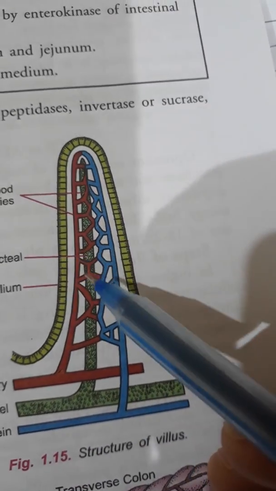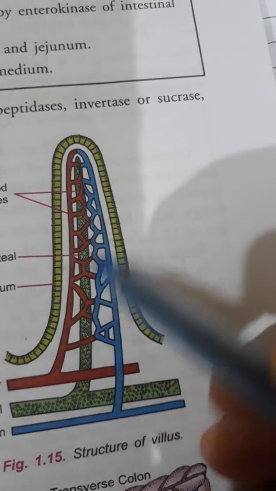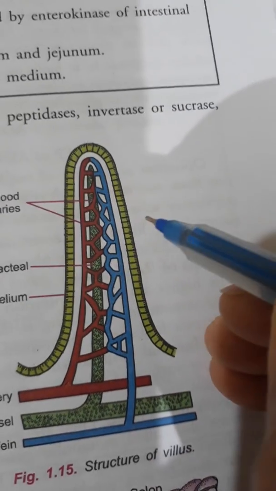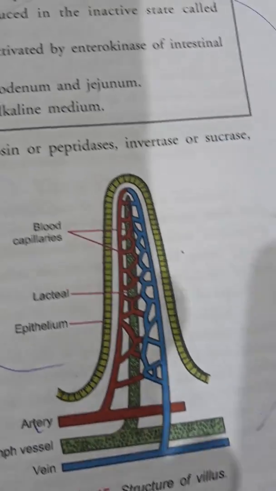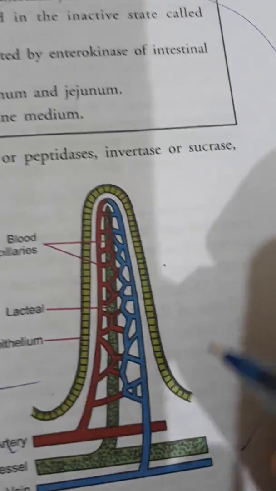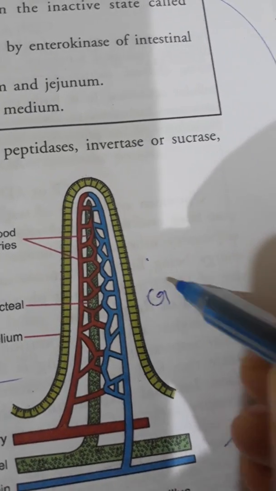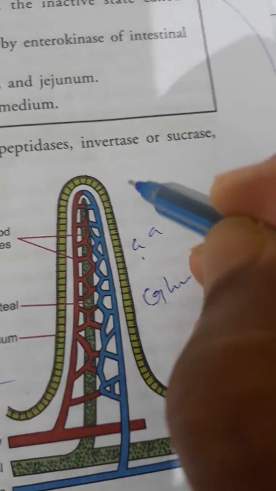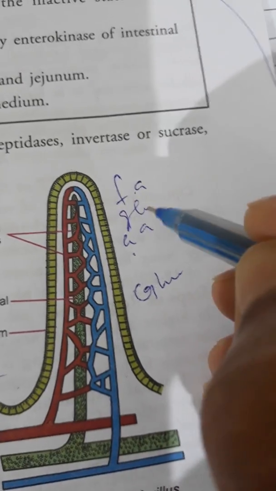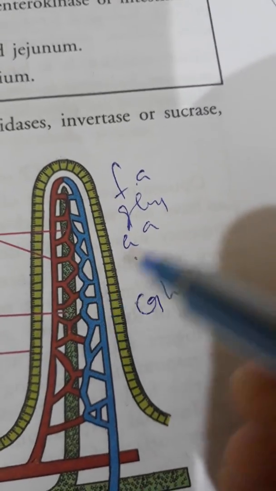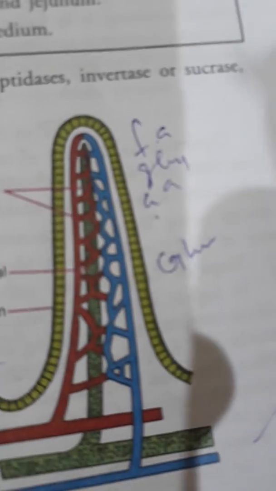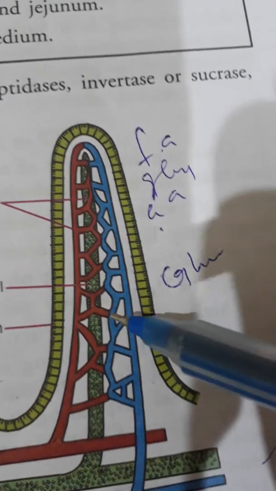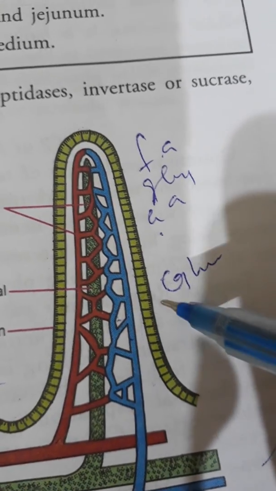So each villus is provided with a network of capillaries, so that the digested food in the inner cavity of the small intestine, like glucose, amino acids, fatty acids and glycerol, can be absorbed. Because of this thin wall and the network of capillaries, the villus is an ideal site for absorption.